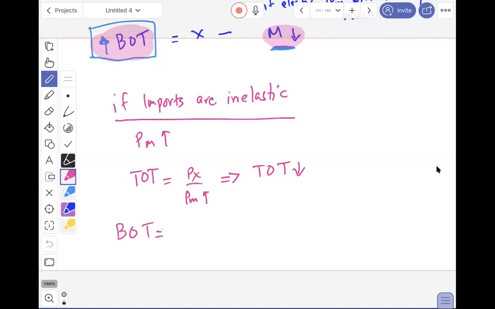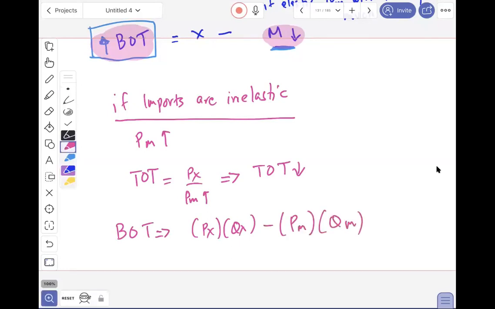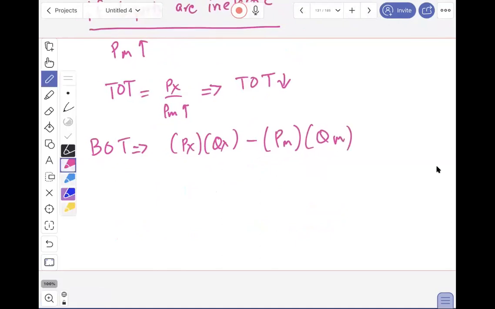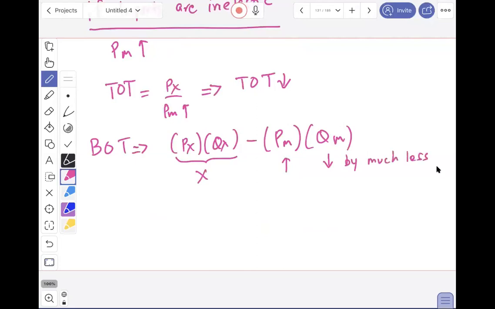Balance of trade is simply PX times QX minus PM times QM. So in this case, this part is export expenditure, that's unchanged, but PM is going up. And if it's inelastic, QM will fall by much less. And if they fall by much less, it's like Pakistan importing oil, which is inelastic in nature, and import expenditure will actually go up.